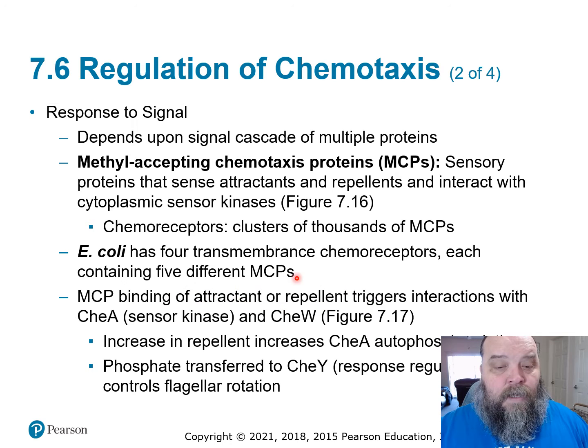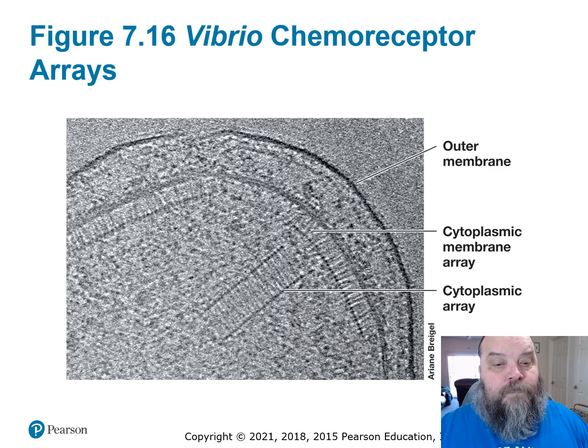It binds to its signal, whatever its chemical signal is, and changes its conformational shape, which means it can now strip off the terminal third phosphate from ATP and phosphorylate itself. It will then transfer that inorganic phosphate to its target, CheY, which is the regulator that goes and starts the process of flagellar movement.